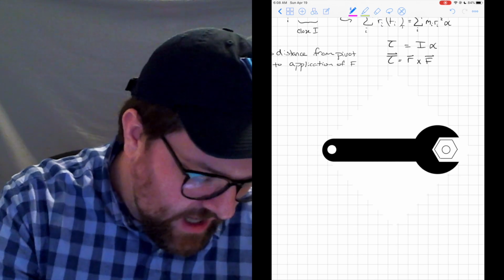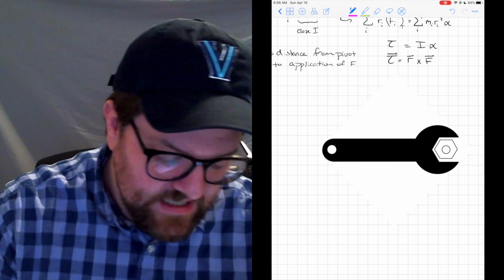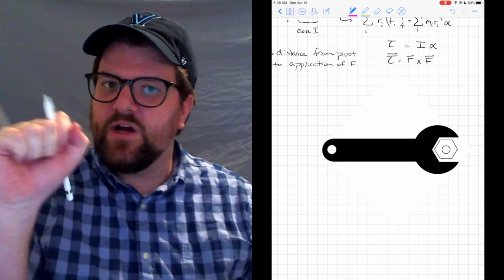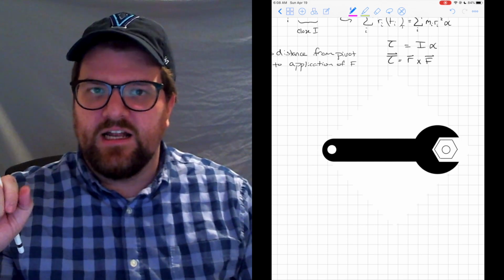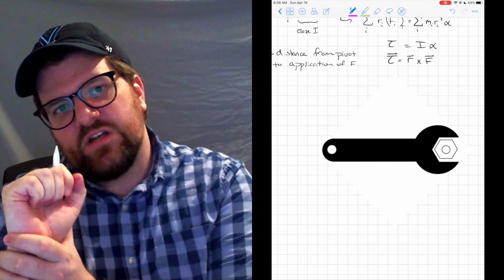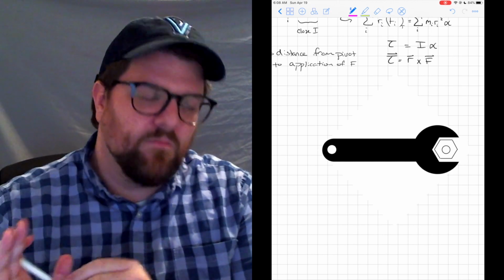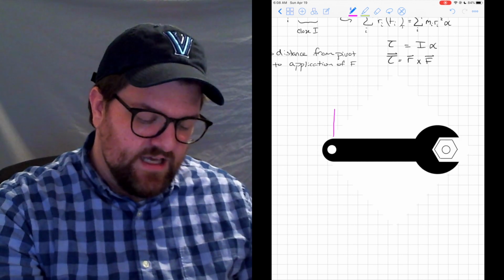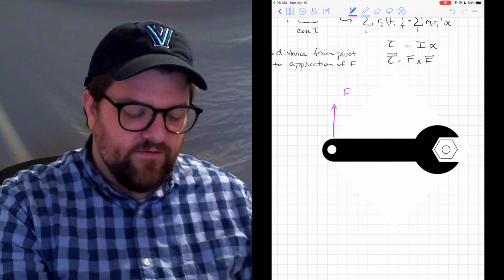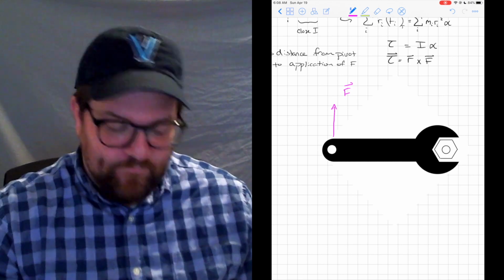So if I apply a force, I have a stuck bolt here, and I'm just going to shove my palm straight up on the end of this thing. I'm going to apply some force this way.